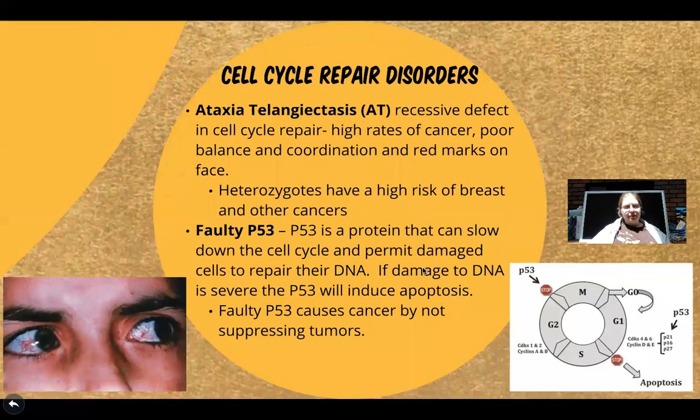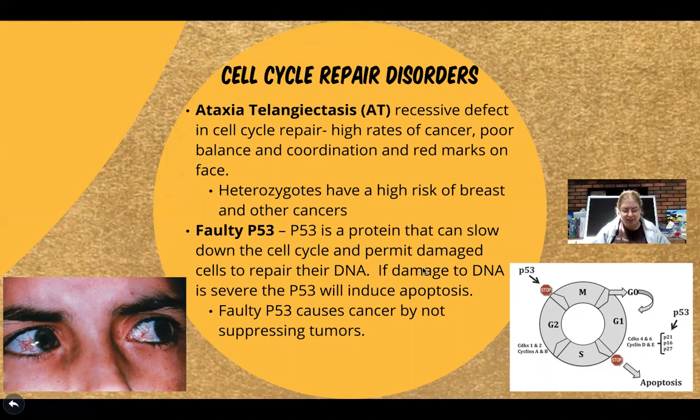And we also have cell cycle repair disorder. So after mitosis, we mentioned that there are different enzymes that check the cell over to make sure everything went fine. There's an entire restriction or checkpoint at the end of mitosis and the beginning of G1.